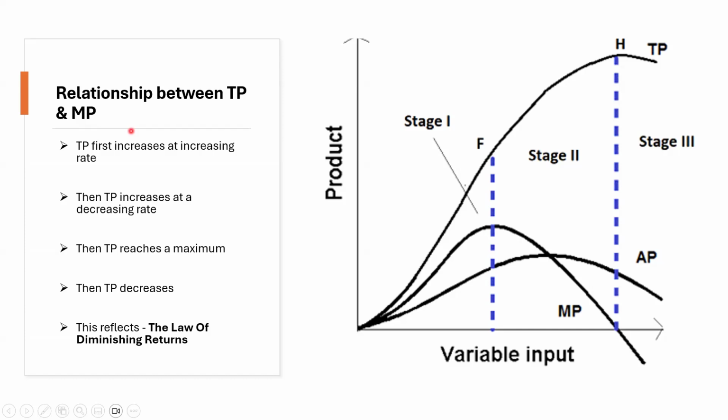So also here, if you're asked a question to say, what is the relationship between total product and marginal product, or what is the difference between total product and marginal product, you just have to be able to draw this, right? So it's very important to know how the curve of total product looks like, and the curve of marginal product looks like, so that you can be able to tackle such questions.